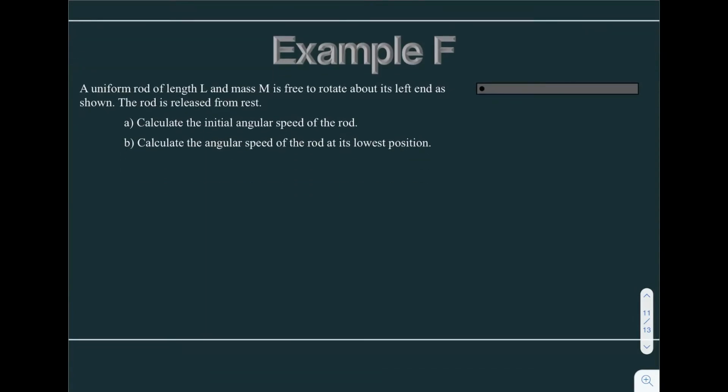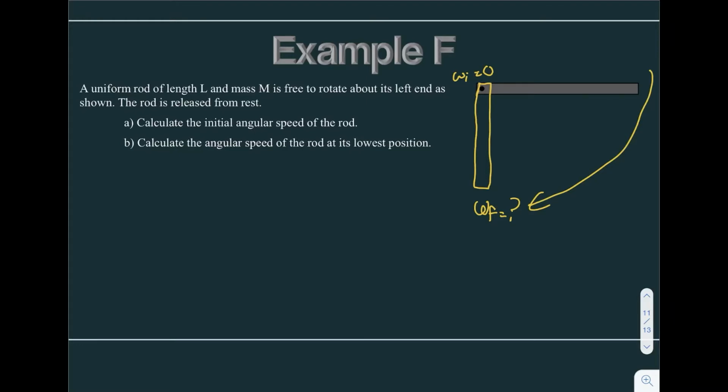Okay, part B says find the angular speed of the rod at its lowest position. So that's here. So the rod's going to go that way. I guess that's not to scale. And it's going to have some angular velocity here. That's what we're solving for. It starts off from rest. And this is conservation of energy.